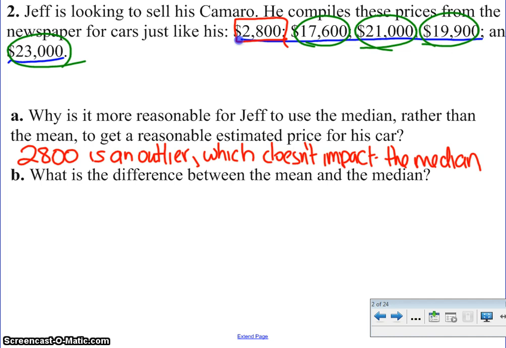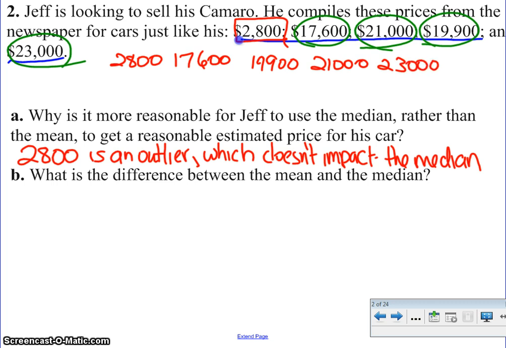And the second question says, what is the difference between the mean and the median? Well, if I list all of these in order, I've got 2,800, 17,600, 19,900, 21,000, and 23,000. So the middle is right here, and the median is 19,900.